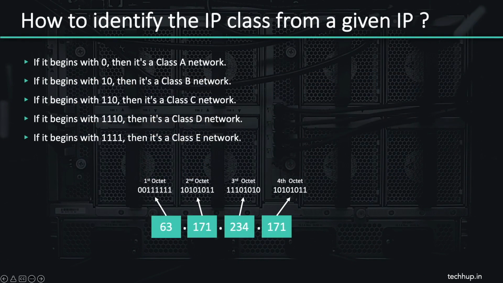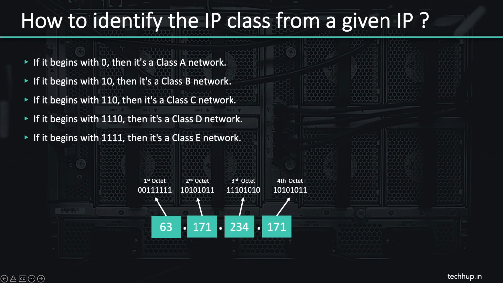Okay, now that we have had a look at all the classes of IP address, given a scenario wherein you have an IP address and you want to determine which class this IP address belongs to, all that you have to do is take the first octet and whatever decimal value you have, convert it to the binary equivalent of that octet.